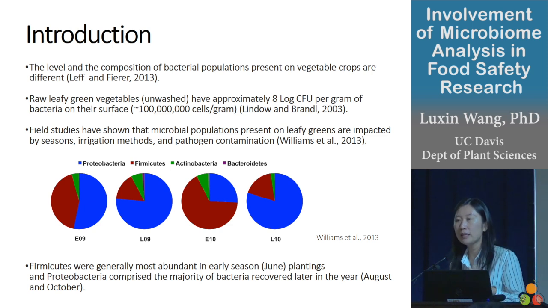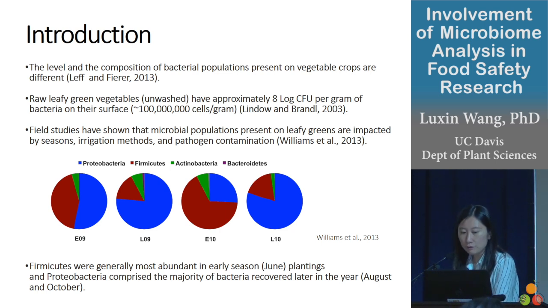Apparently for all the romaine lettuce harvested from the Salinas growing area, among all 4 times, those 4 bacterial phyla were always present on top. But the composition, the percentage of those phyla, was different.